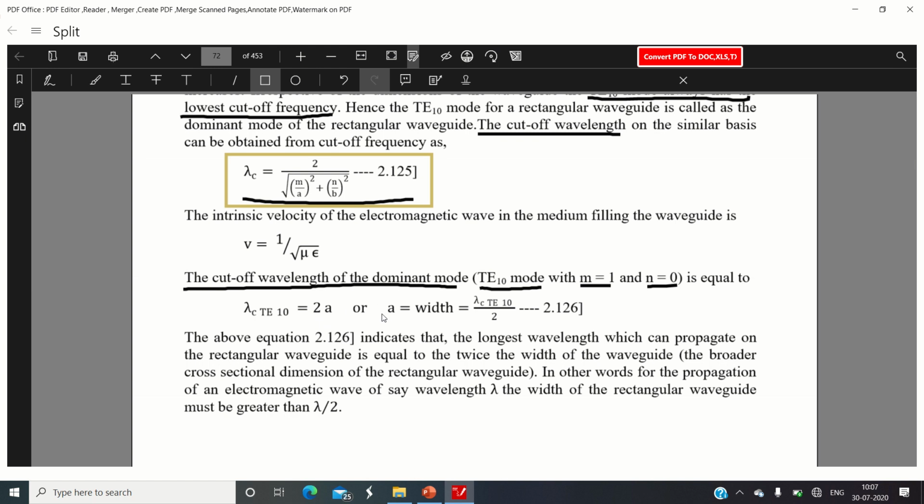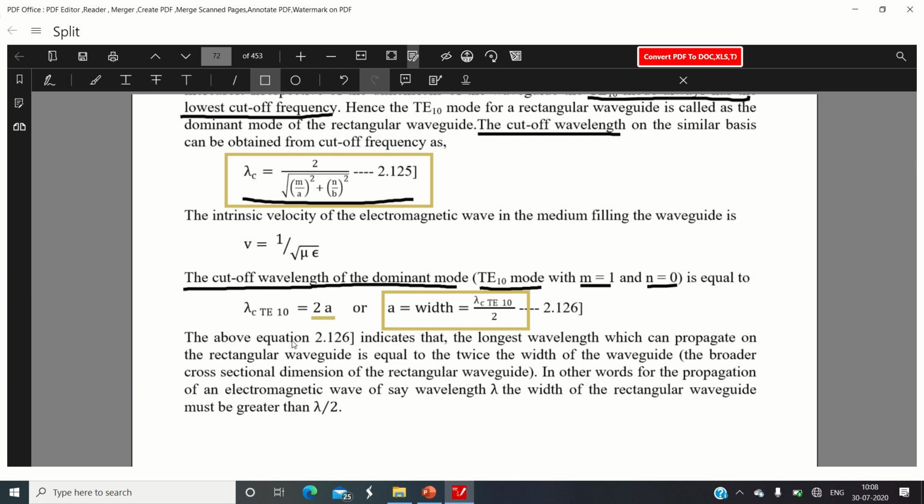Hence we can calculate the value of the width of the rectangular waveguide from this equation. The width is the cutoff wavelength in the TE10 mode divided by 2. This equation indicates that the longest wavelength that can propagate in the given rectangular waveguide is equal to twice the width of the waveguide.